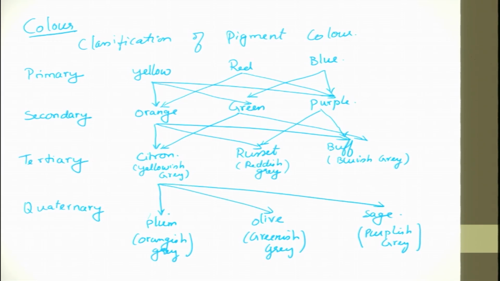Look at it, how interesting. You take primary colors, you mix colors and then you get multiple colors out of it. So, this is a typical classification of pigment colors. You can generate multiple colors. Basically you start with only 3 colors, and from there you start adding colors.